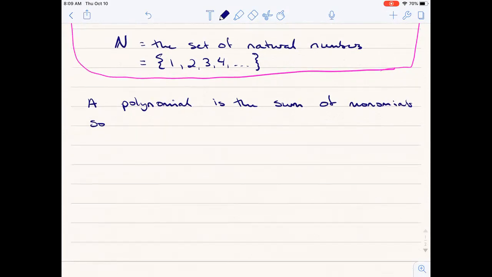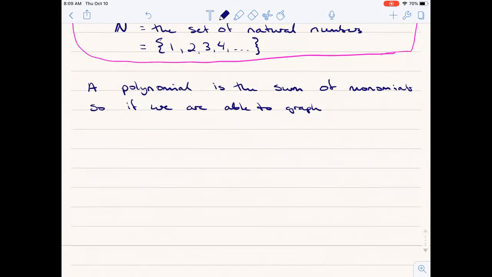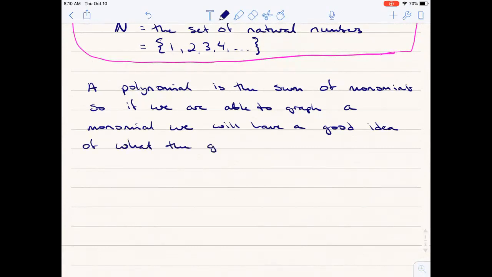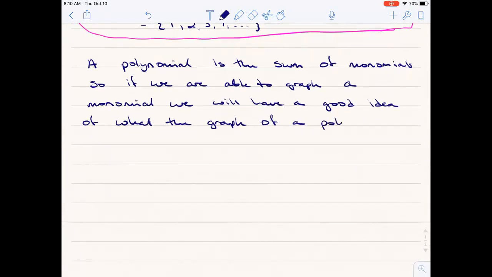But so if we are able to graph a monomial, we will have a good idea of what the graph of a polynomial will look like.